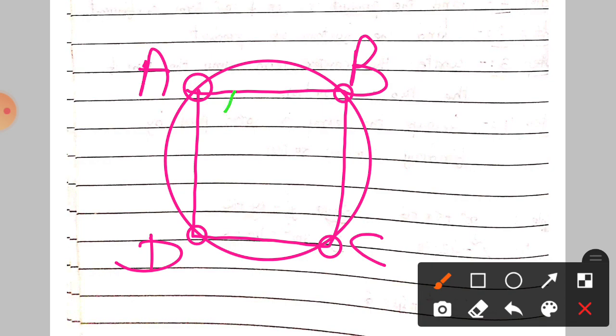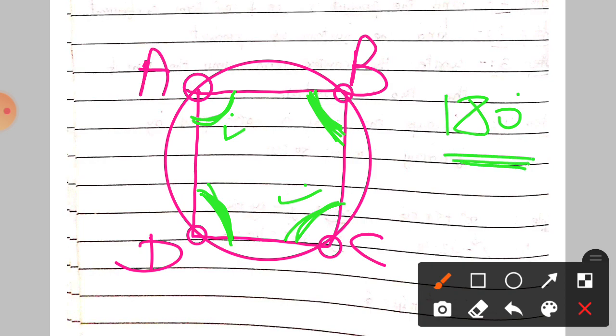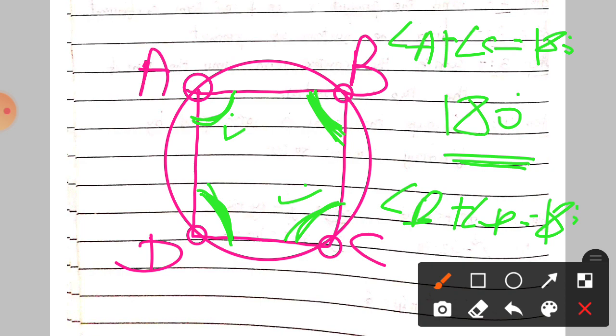Here I am talking about angle A and angle C. These are the opposite angles. Angle B and angle D are also opposite angles. This is your theorem number 10.11, and the sum of these two angles is always 180 degree. It means angle A plus angle C is equal to 180 degree and angle B plus angle D is equal to 180 degree. Correct, students? This is your theorem number 10.11.